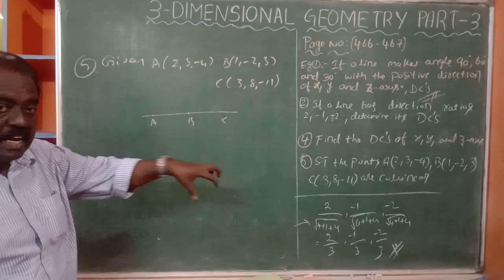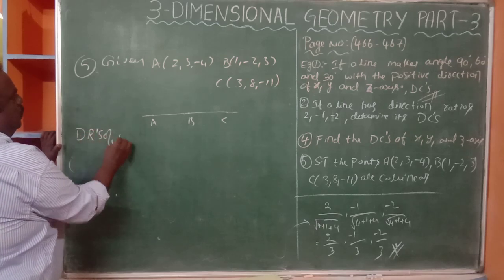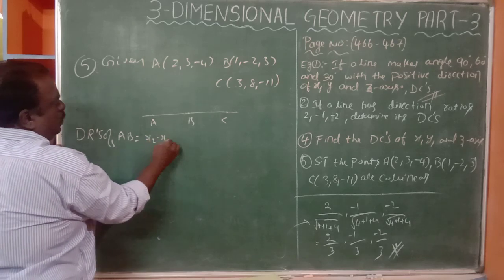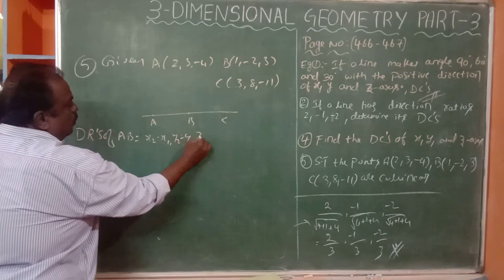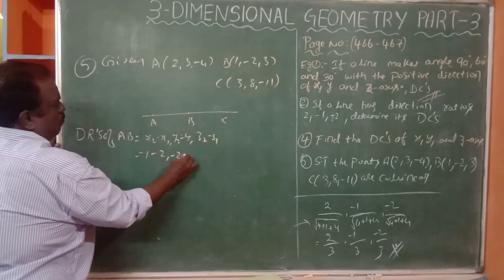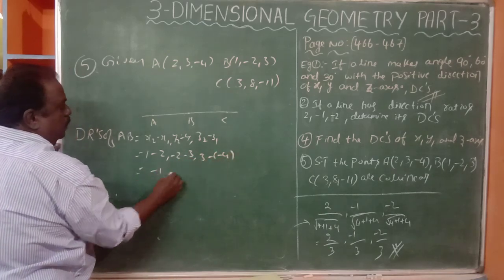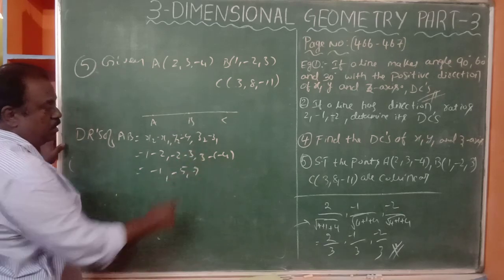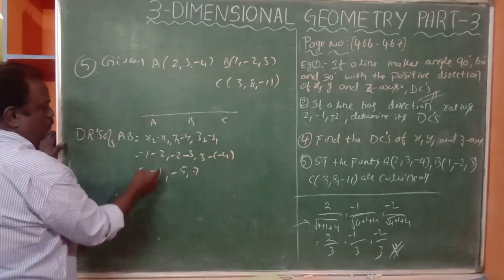By using that concept, you see, the DRs of AB. What are the DRs of AB? Already we know it is the difference of coordinates. That is 1 minus 2, minus 2 minus 3, 3 minus of minus 4. 1 minus 2 is minus 1, minus 2 minus 3 is minus 5, 3 plus 4 is 7.